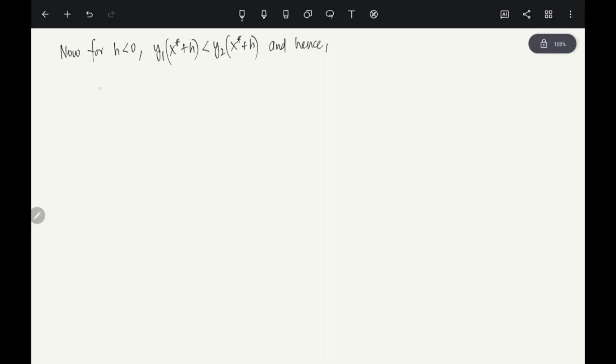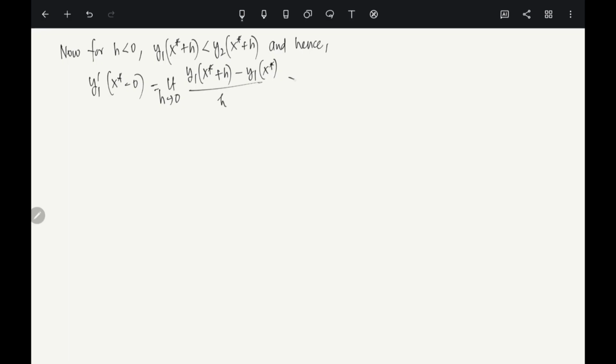y1 prime at x star minus 0. So basically if I am approaching y1 prime from the left of x star, that will be given by the limit as h tends to 0 of y1 of x star plus h minus y1 of x star, divided by h, right?